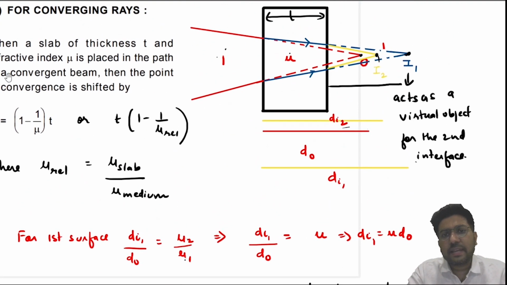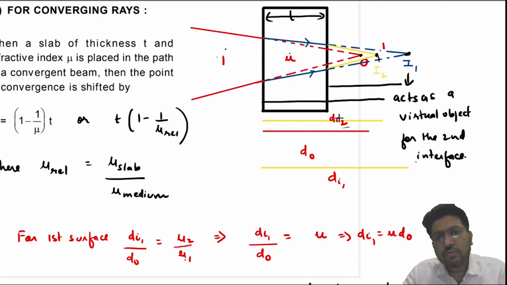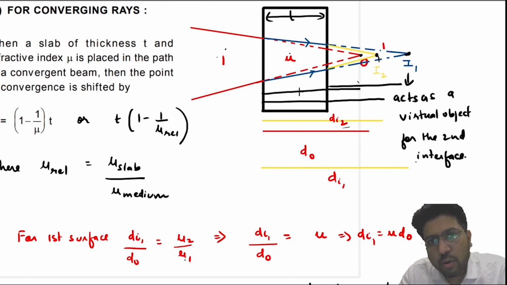The shift will be di2 minus, listen carefully, this distance is do, this distance is di2. So this is the shift.